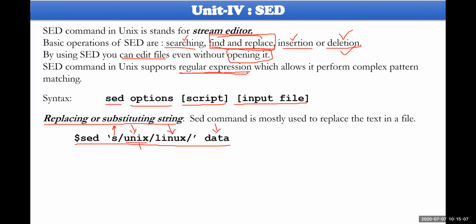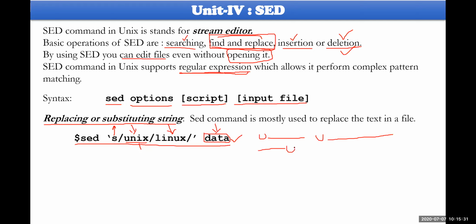If you operate this particular command on a particular file called data, Unix could be available many times in one particular line. For example, Unix will be there first, and again Unix will be there, and like this.